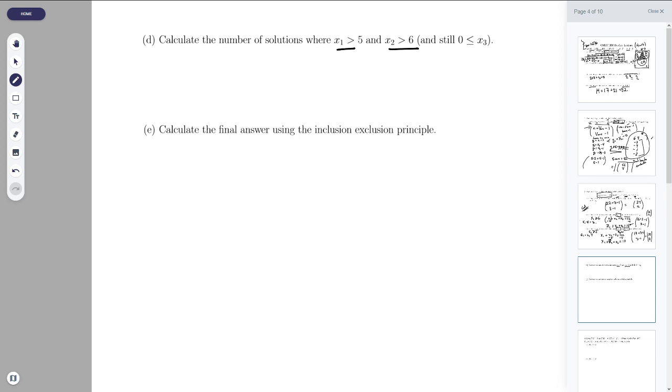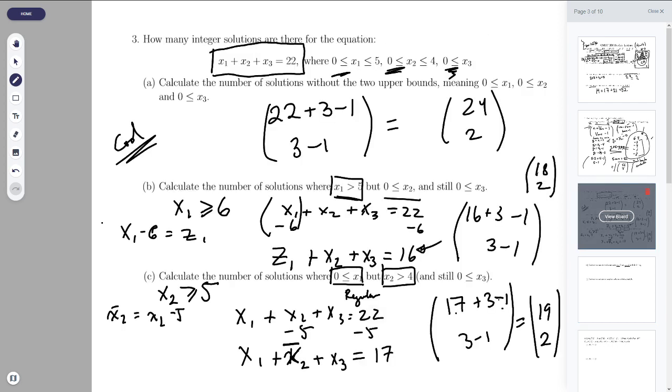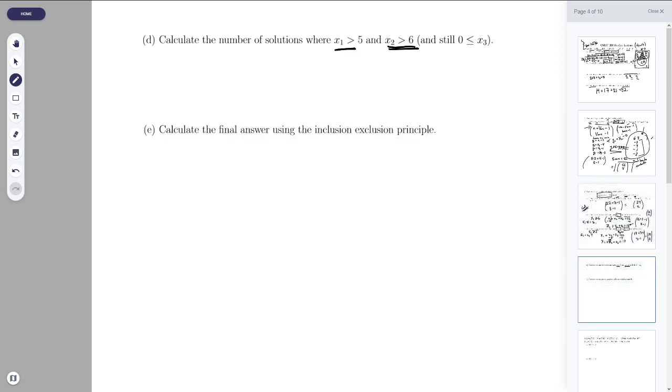Or I'm sorry, x1 is bigger than 5 and x2 is bigger than 6. In that case, we get x1 plus x2 plus x3 is equal to 22. And we're going to subtract off 5 and then 6.